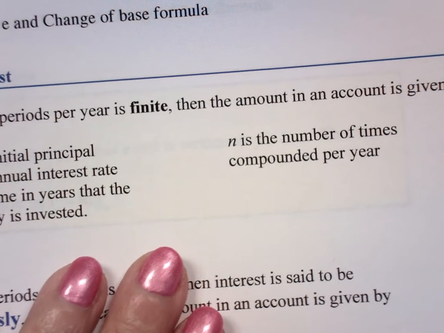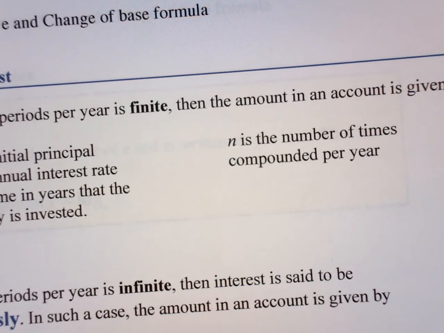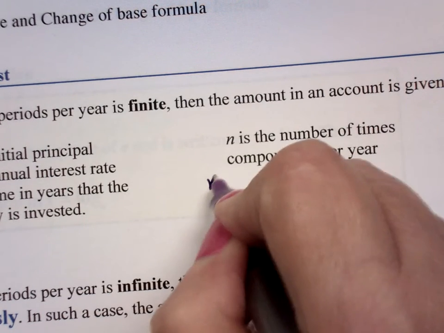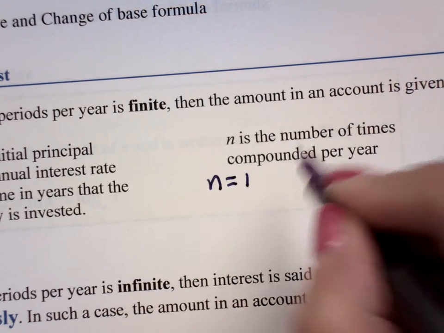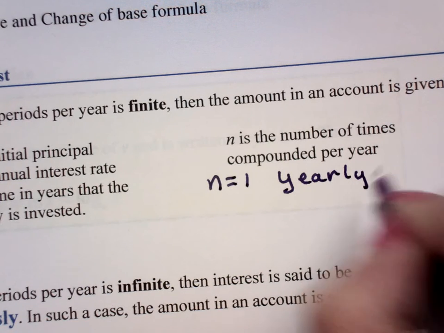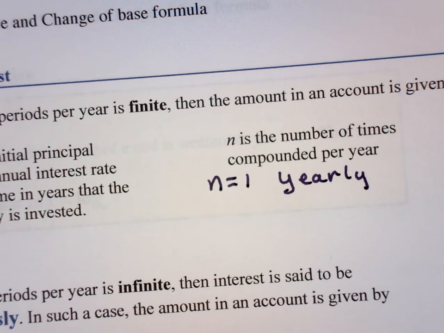Now, what does it mean by the number of times compounded? Well, that's the number of times that the clock stops. You could have n equal 1, and that's yearly. So once a year, it stops, does a calculation for interest, puts the money in, and then moves on.